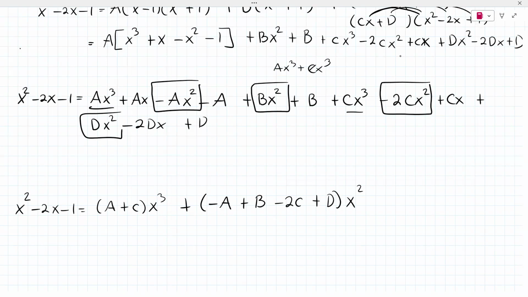And then the x's, so you have an Ax, a Cx, and a negative 2Dx. And yeah, so you get negative A plus B plus D.